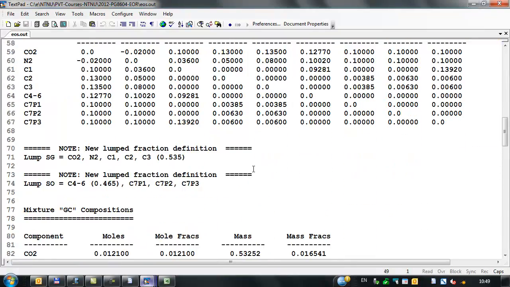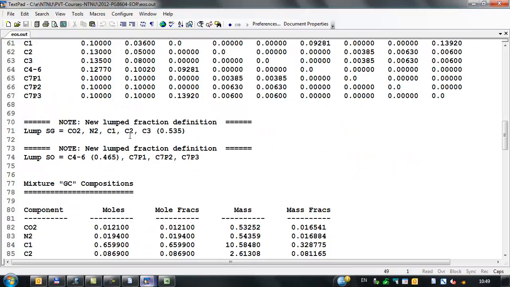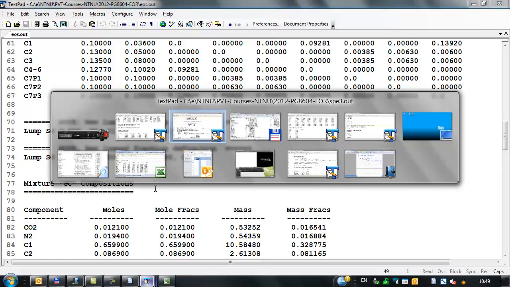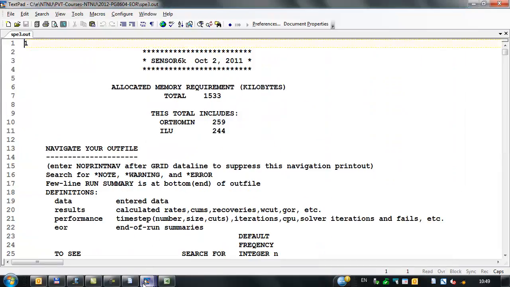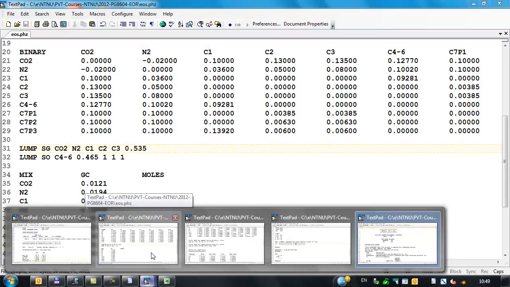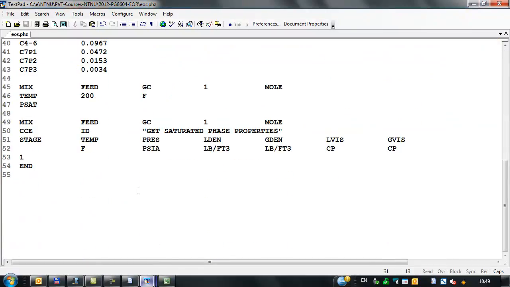Okay, so you see it's got new lump fraction definition. It's all of the CO2, and then it's 53, so it gives the number there, and it's that much of that and all of those. So that looks right. Okay. So then what we can do is that we can create a PVT experiment to check the initial GOR.